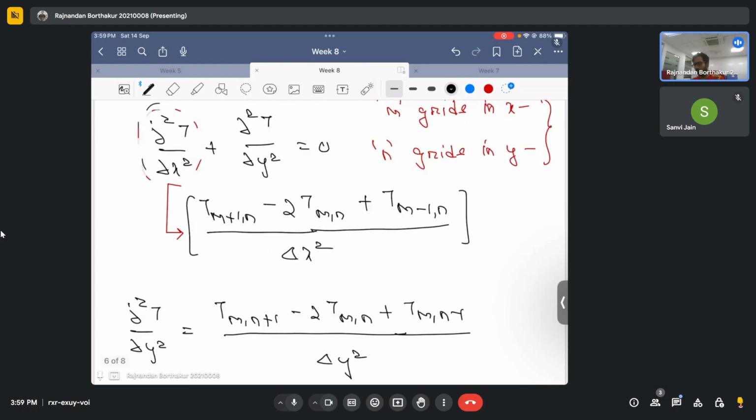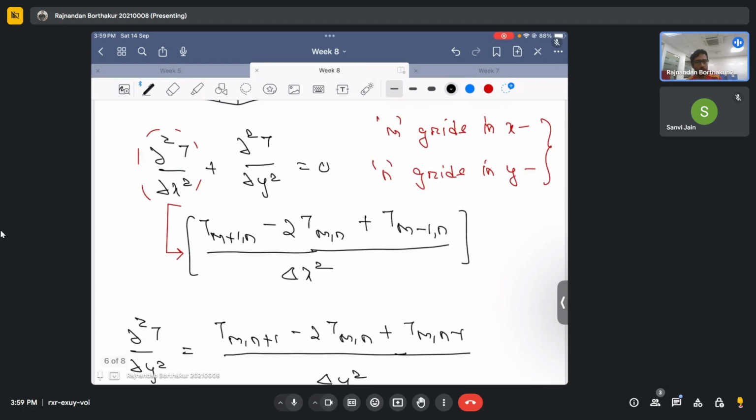All right. So this very method of converting the differential equation into an algebraic equation is known as discretization. What we basically did is we discretized the differential equation into a set of algebraic equations. Why is it called a set of algebraic equations? I'll tell you why.